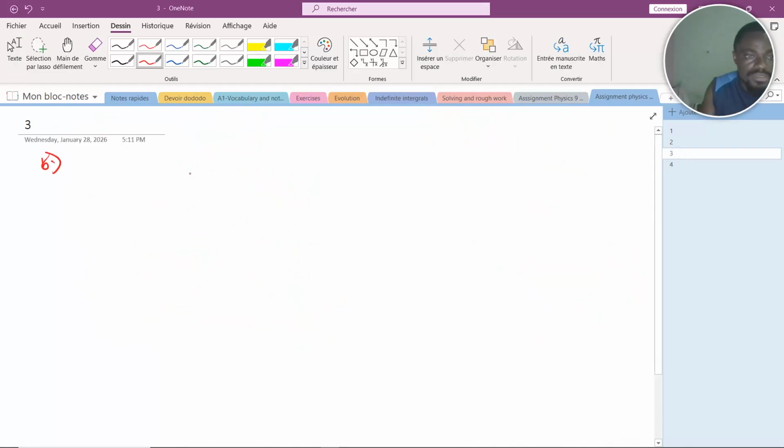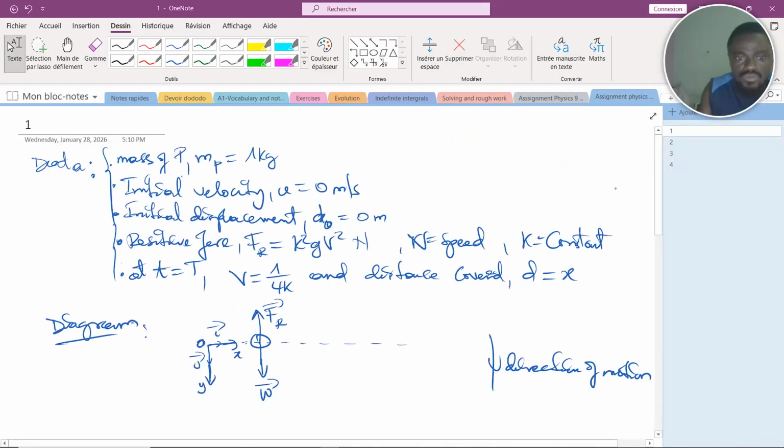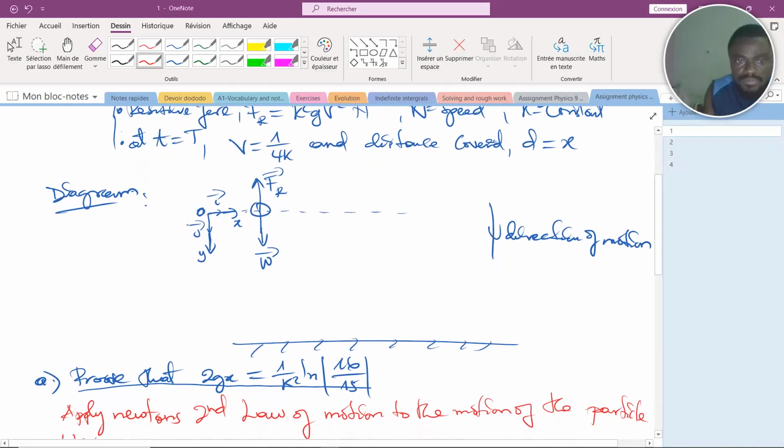So we are to prove that in this next question, this B part. There's something also very important I want you to understand here. Because in the assignment I gave you on projectiles, there were a lot of errors. You should understand something about reference, and I'll explain it better when I will be doing the chapter on projectiles.